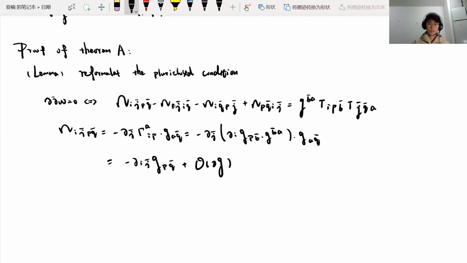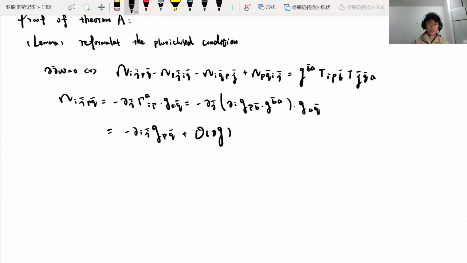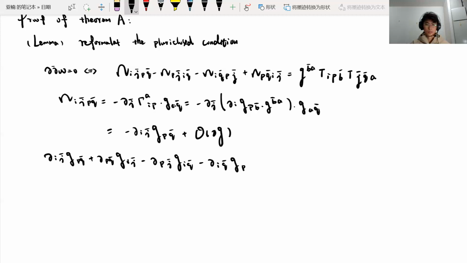And we sum those, we can have that the second order part is like this.